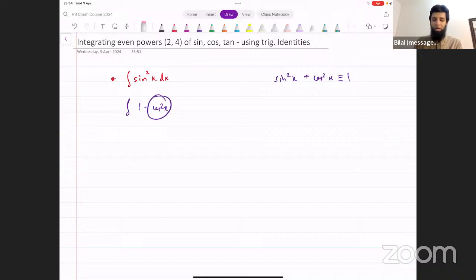So it's not going to help. There's another identity where you have sine square in the formula sheet in trigonometric identities, and that is the double angle identity for cos. There are 3 different forms for that. The form in which you have sine square looks like this: cos 2a equals 1 minus 2 sine square a.